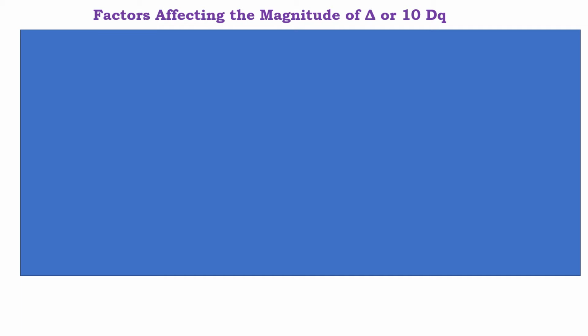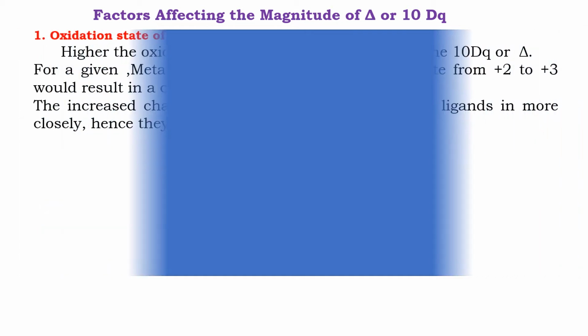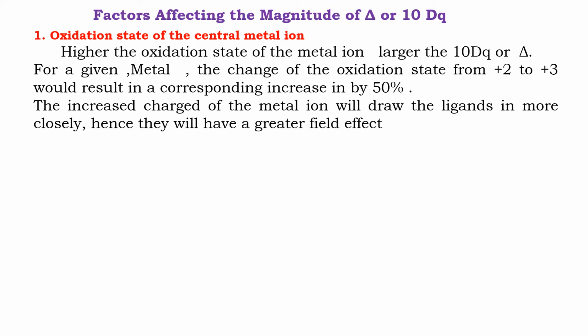That means for any metal ion having the same ligands, but in different oxidation states, in the same geometry, as the oxidation state of the central metal ion increases, the 10 Dq value increases. When we move from +2 to +3 oxidation state, the value increases by 50%.